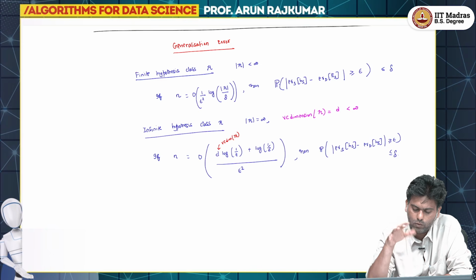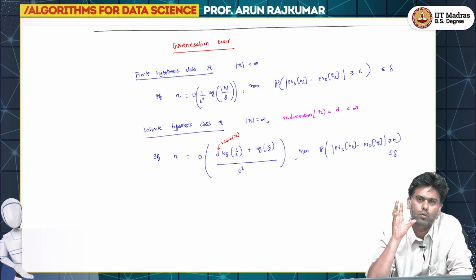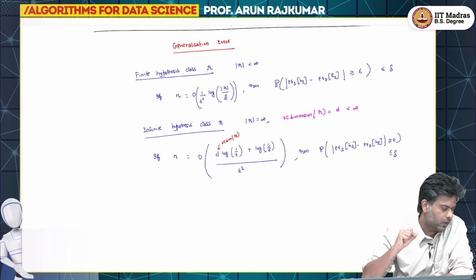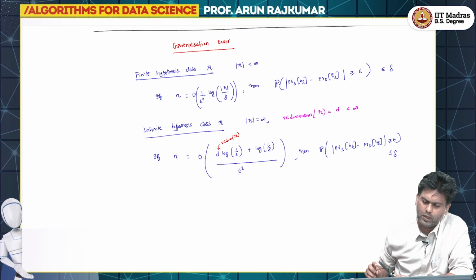But let me not do that. All I am saying is that we still have good generalization even in an infinite hypothesis class, as long as the VC dimension is finite.